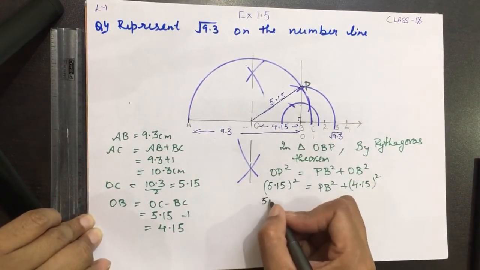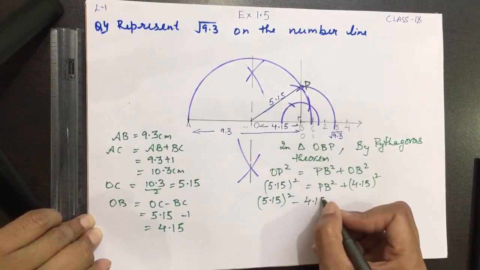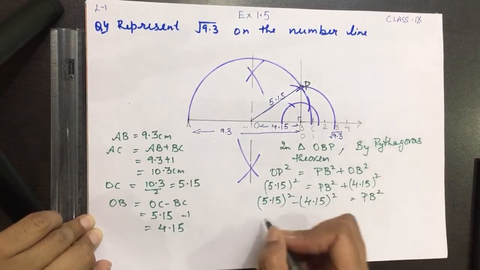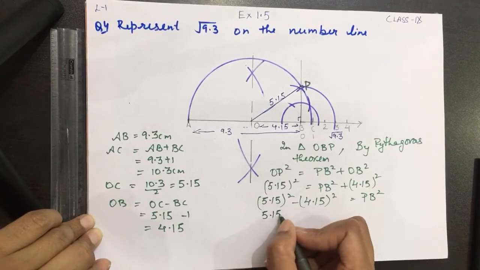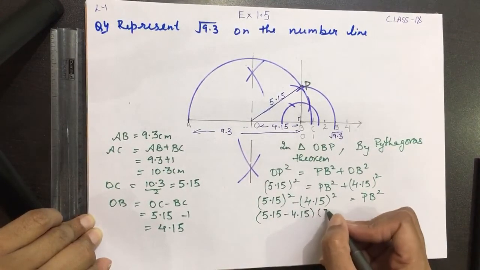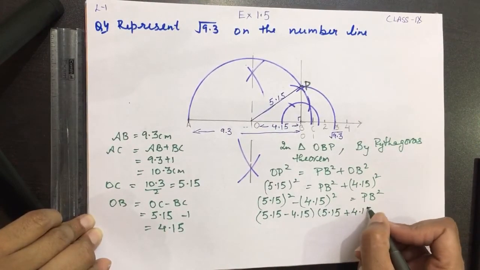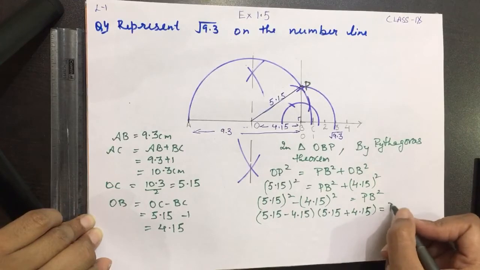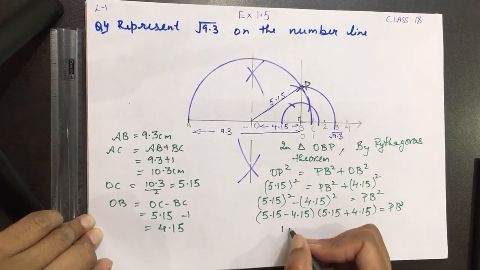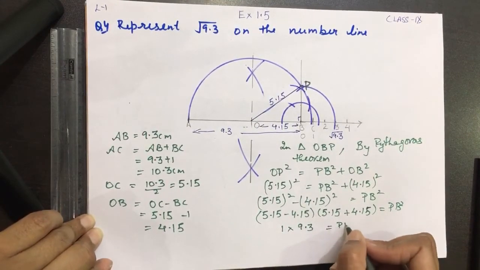Shift to the other side of the equality and we will apply the a square minus b square identity. So I will write 5.15 minus 4.15 and 5.15 plus 4.15 equals PB square, and after subtraction you are getting here 1 and this as 9.3 and PB square.